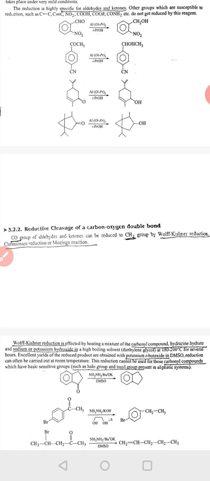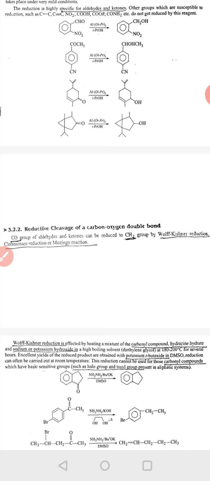This reaction can occur in milder conditions also, and excellent yields of the reduced product are obtained with sodium tertiary butoxide in DMSO. If we use DMSO in presence of potassium tertiary butoxide instead of diethylene glycol, then reduction can often be carried out at room temperature.